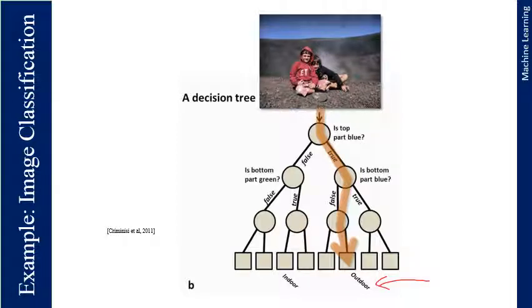The first test checks whether the top part of the image is blue, and we can see that it is blue. So in the true branch, we check whether the bottom part of the image is blue, which is wrong here. So we have the false path, resulting in an outdoor label, classifying this image as an outdoor image.